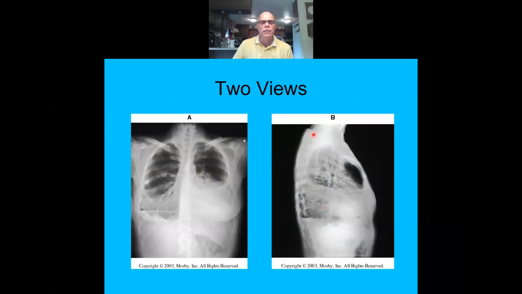Okay, here's two views of chest x-rays. Obviously, these are very sick patients. Again, I just wanted to slowly introduce you to some of this stuff. Obviously, this person has either had some type of procedure done. It's definitely a female. You have the breast shadow right there. This person obviously has some pneumonia or some other type of pathological condition going on here.